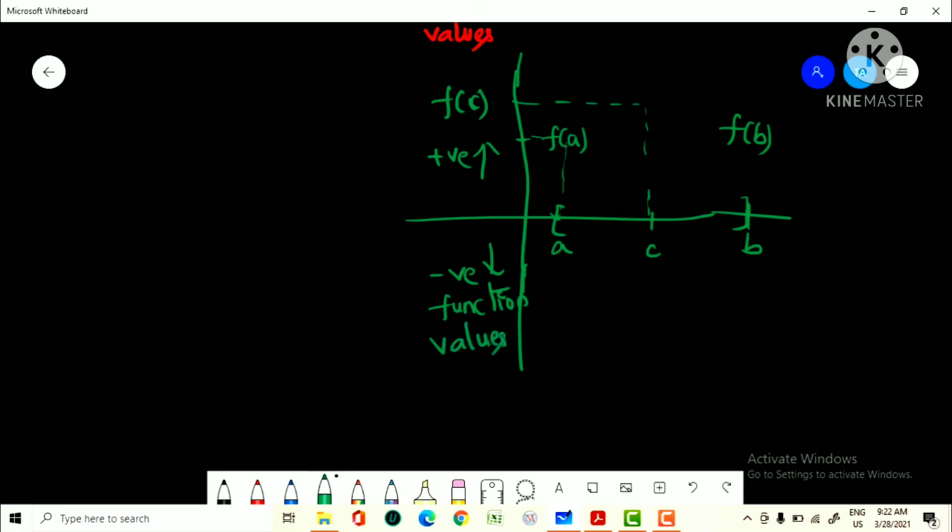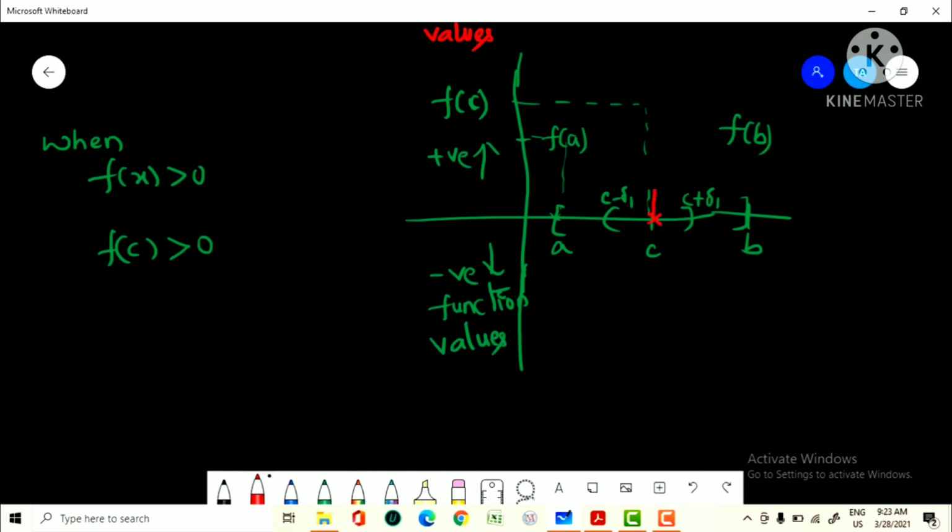In the first concept they said f of x is positive. The condition when f of x is positive, they said in the neighborhood, c minus delta 1, c plus delta 1, f of c is positive, correct? So c value we have defined over here.